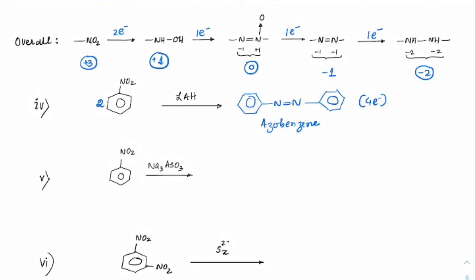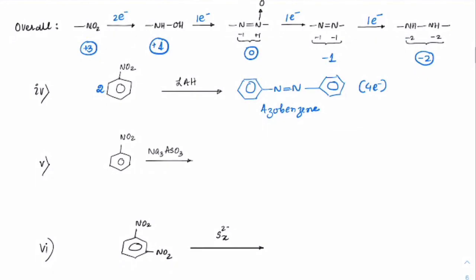Next, NO2 in the presence of sodium arsenite, which would give us this: Ph N double bond N with O and Ph. Okay, this is azoxybenzene.